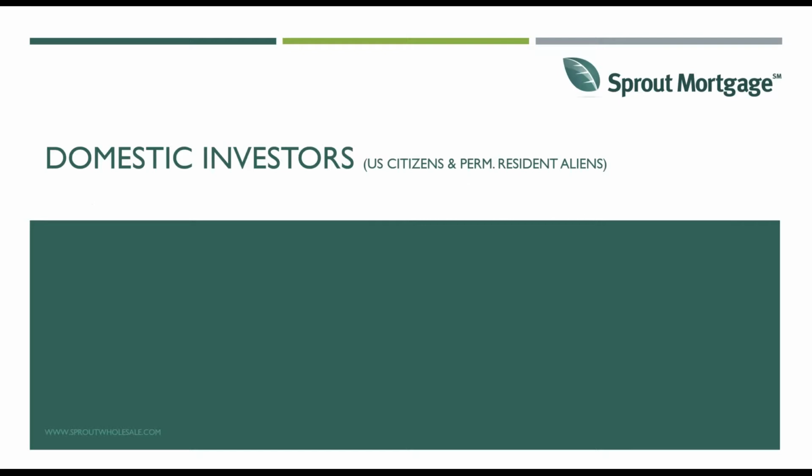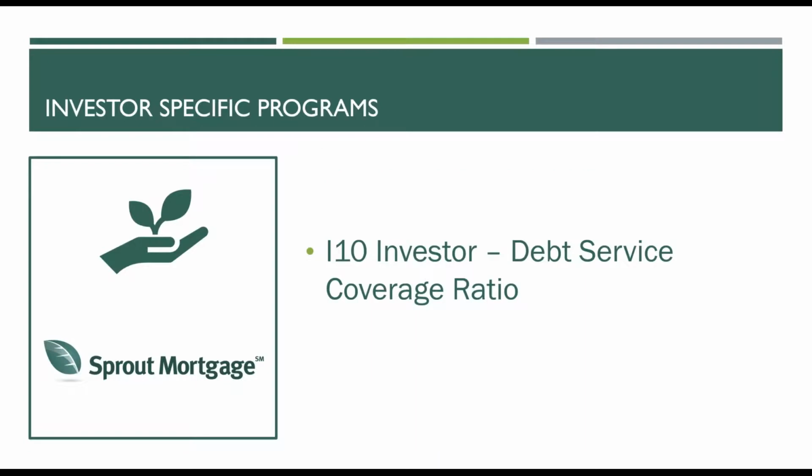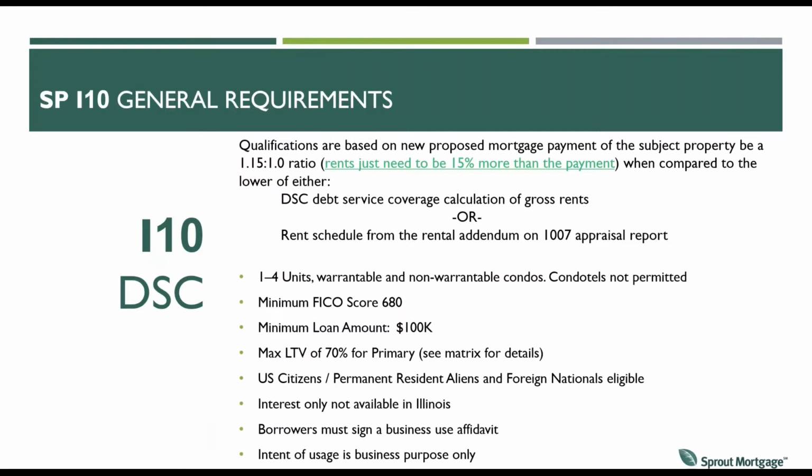So if you have your domestic investors, these are going to be your US citizens and permanent residents. That will be your I-10, the debt service coverage ratio. So rents need to be just 15% more than the mortgage payment, for layman's terms, or a 1.15 to 1 ratio.